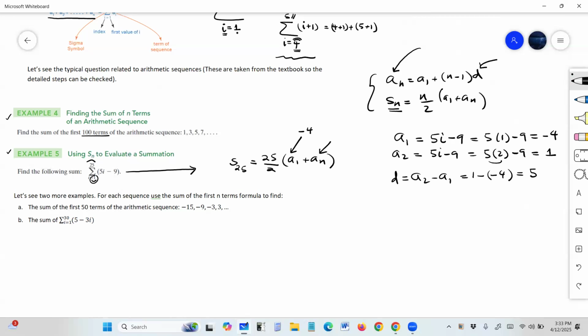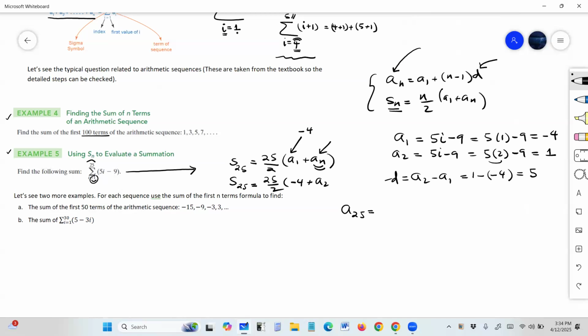All right. So now I know the common difference. I can find the last term, which is A25. Because I need to find this. So this will be the sum of the first 25, 25 over 2. The first term I already know is -4.